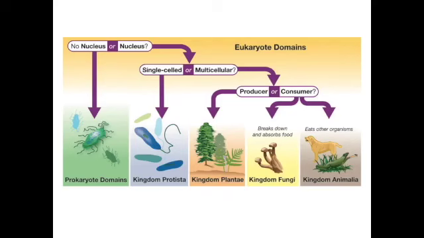Here's a basic example. Okay, here we have bacteria. Nucleus or no nucleus. Okay, prokaryotes, no nucleus, so we will choose bacteria. Okay, now protist. Let's start at the top. No nucleus or nucleus. Okay, it does have a nucleus. Now we can go to the second one.